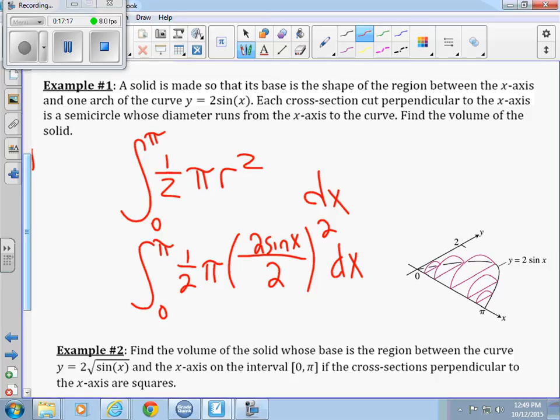Physics. Yeah. What do we get? 2.467. And this problem did not give us units, but Joseph made a good point. If we did have units, this would be cubic units, right? Because we are finding volume.